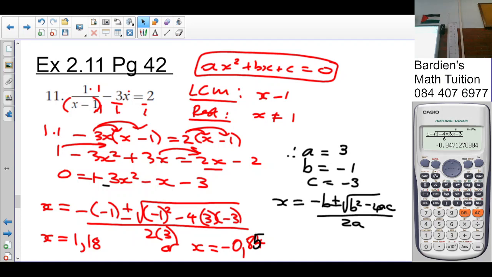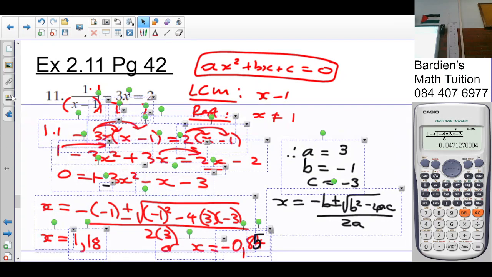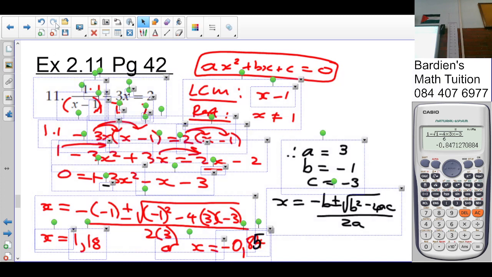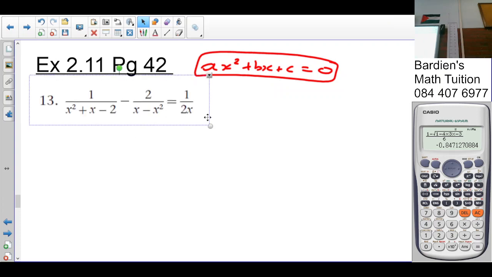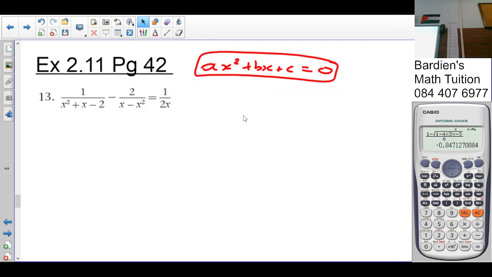And then let's look at the next one quickly. The 13. Okay, so yeah, you need to factorize my trinomials first, my denominators first.